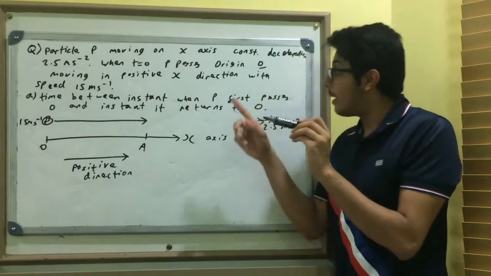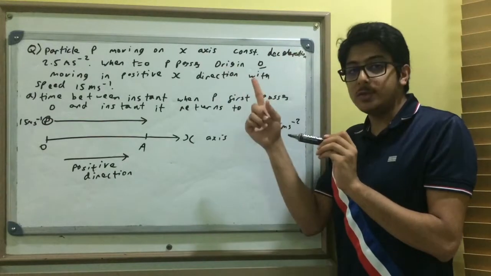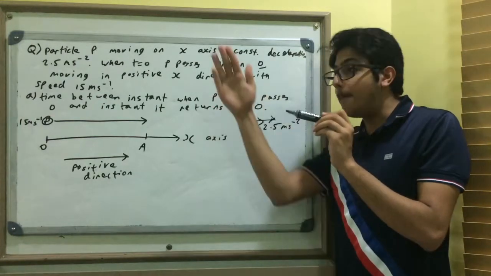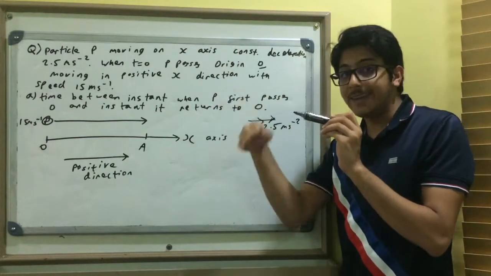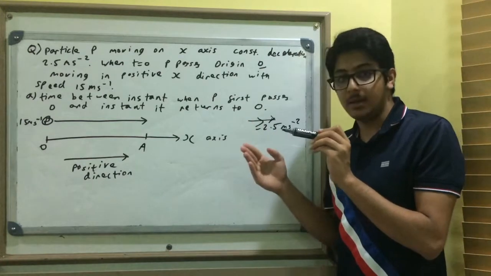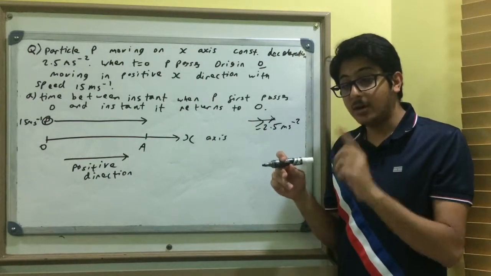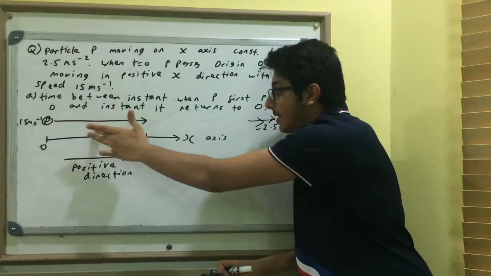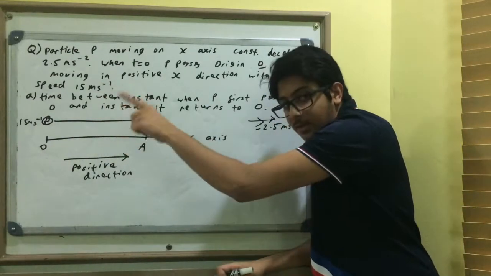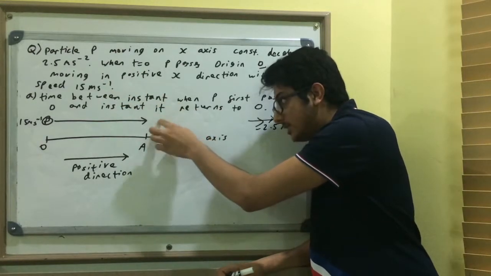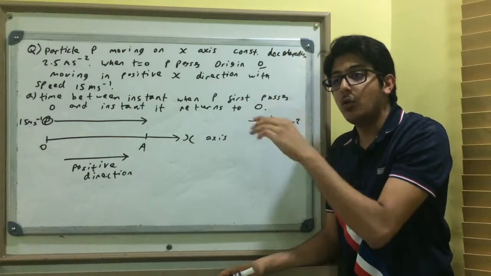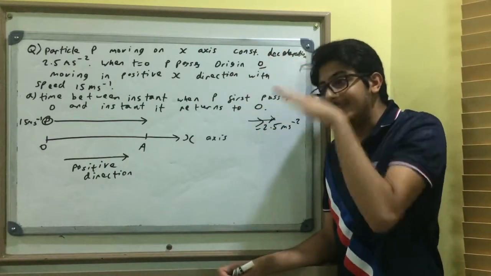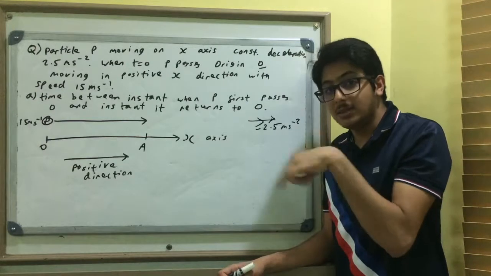But if it continues to decelerate, what will happen? It will go below 0. So it will have a negative value for velocity. And remember I said velocity is magnitude and direction. So now it's moving with a positive velocity, but decreasing, decreasing, decreasing to 0. When it reaches 0, it still decelerates, so the velocity becomes negative, goes below 0 as it continues to decelerate.